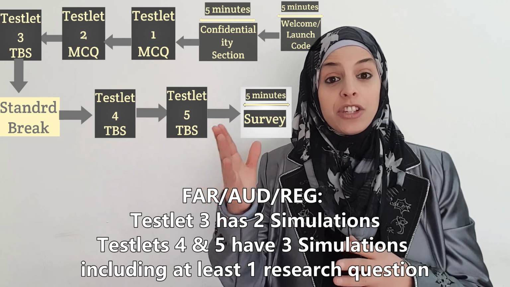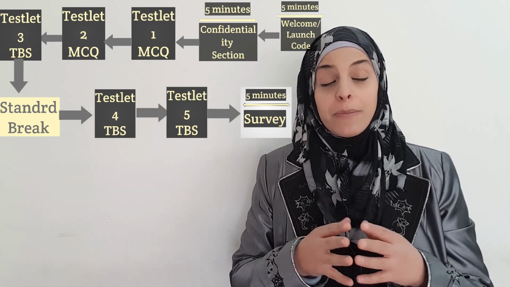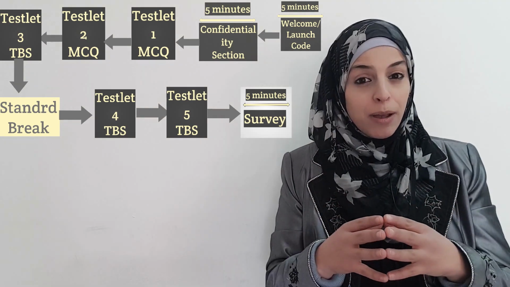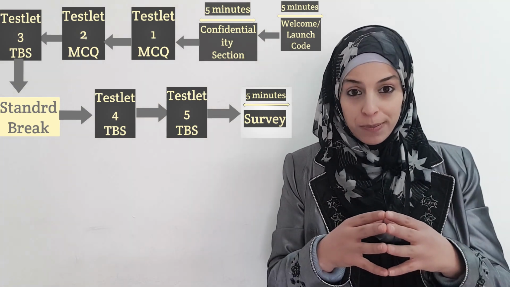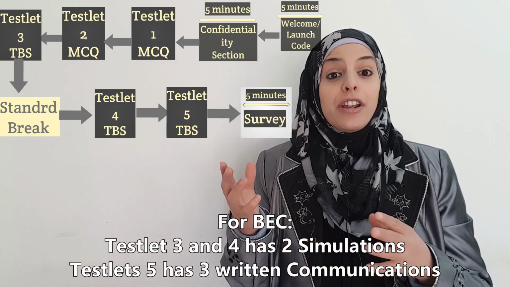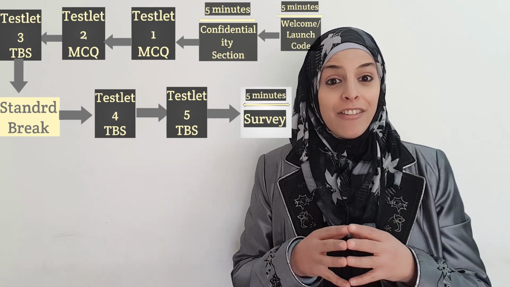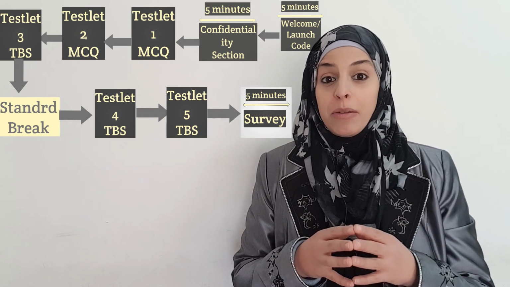Testlet 3 has 2 simulations, and testlets 4 and 5 each have 3 task-based simulations, which will include a minimum of 1 research question. For Business Environment and Concepts, testlets number 3 and 4 consist of 2 simulations, and testlet 5 consists of 3 written communications.